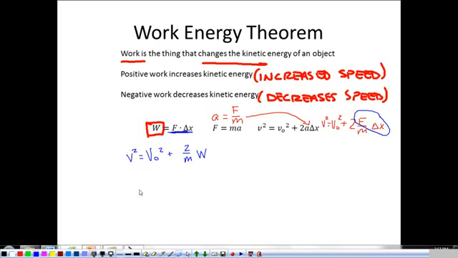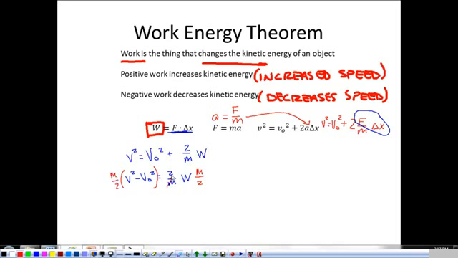Okay? And what we're going to want to do is solve this whole thing for work, because we want to see what work is all about. The first thing we're going to do is move over the initial velocity, just subtract it over. Then we want this to go away on this side, so we multiply both sides by m over 2.